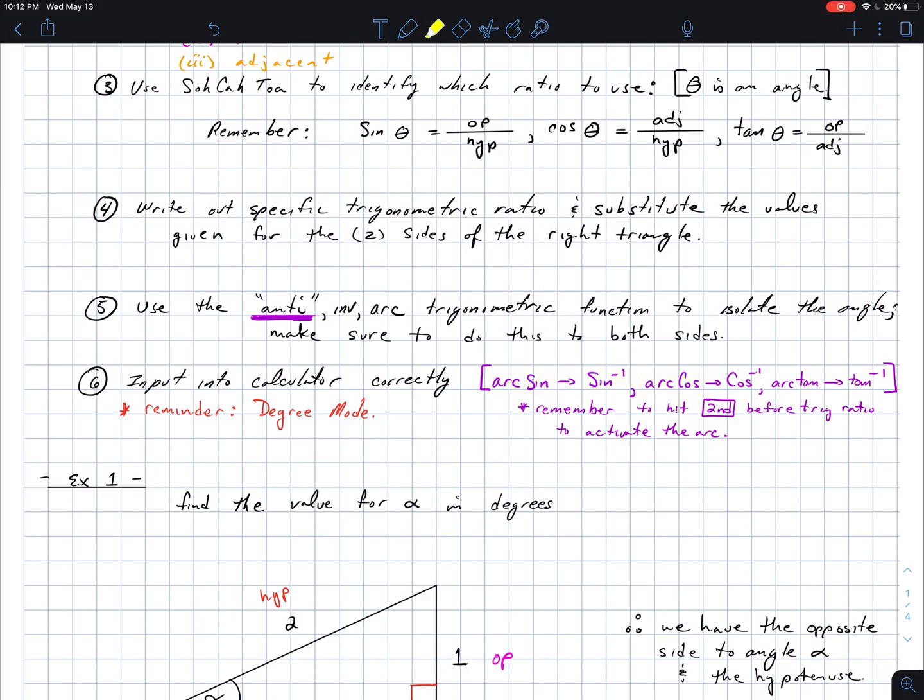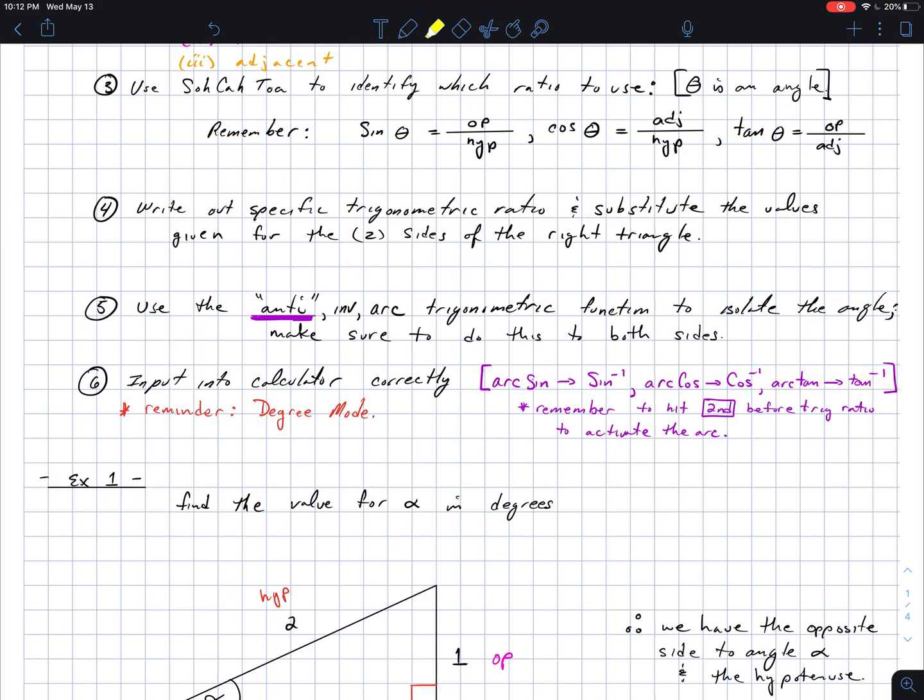So, in other words, the arc sine is like the anti-sine. The arc cosine is like the anti-cosine. And the arc tan is the anti-tan.